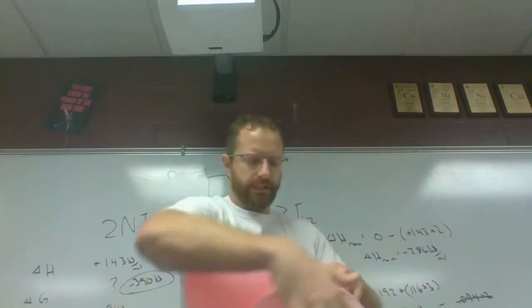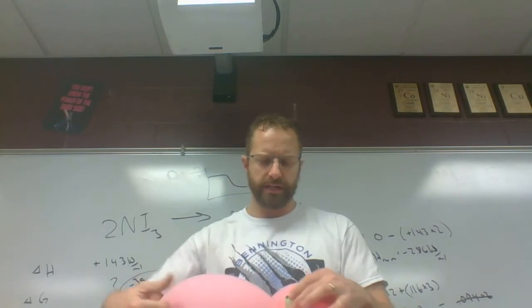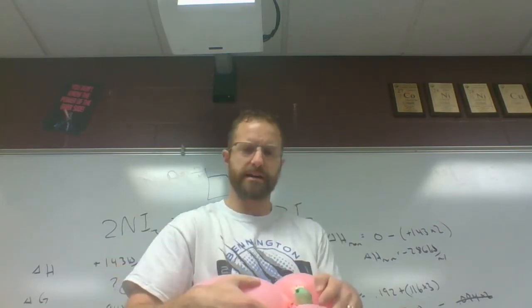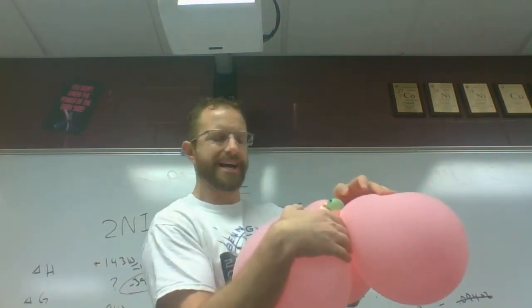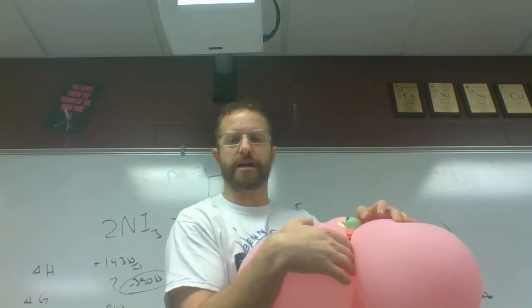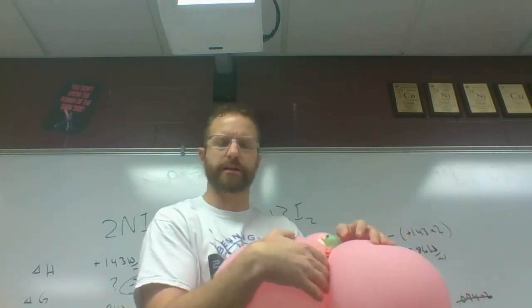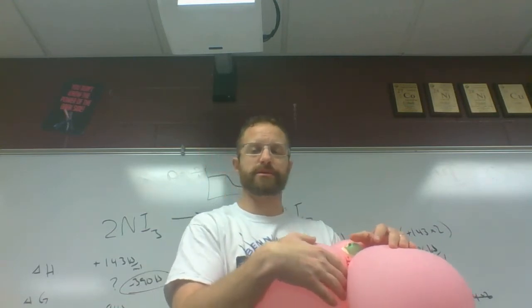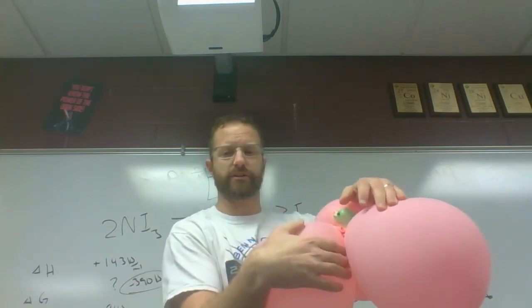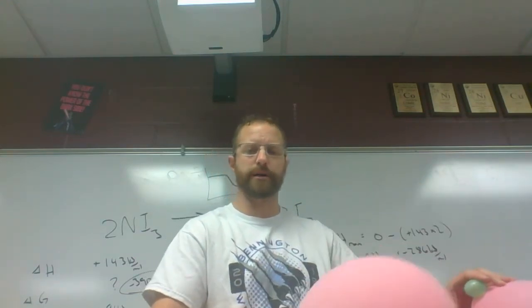So if you can imagine my balloons here, I've got my nitrogen in the middle, and then I've got these 3 balloons that are all trying to force their way at 109-degree bond angles here on the bottom side. There's just a lot of steric strain, because the iodines are pushing away from each other. Having a tiny central atom and a bunch of really big outside atoms makes things difficult. So it's easy for it to fall apart and break apart, right?